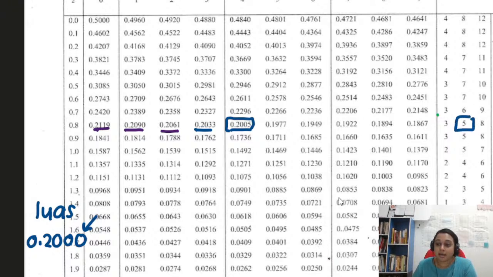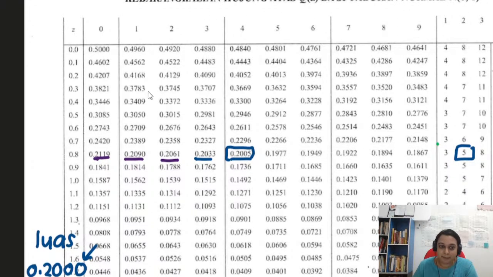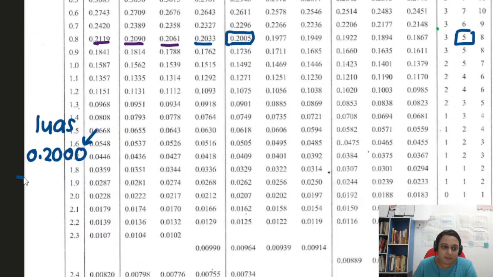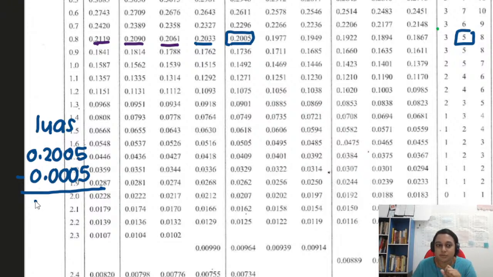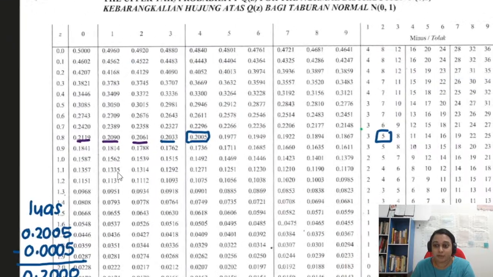You must tolak. So when you tolak, what happens? Tolak means tolak with 0.0005. Okay? 0.2005 tolak 0.0005, you get this answer. So this is what we want, isn't it? This is what we want, right?